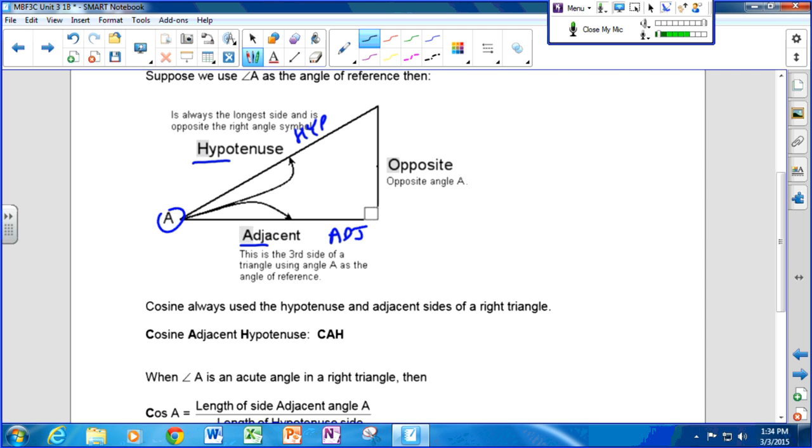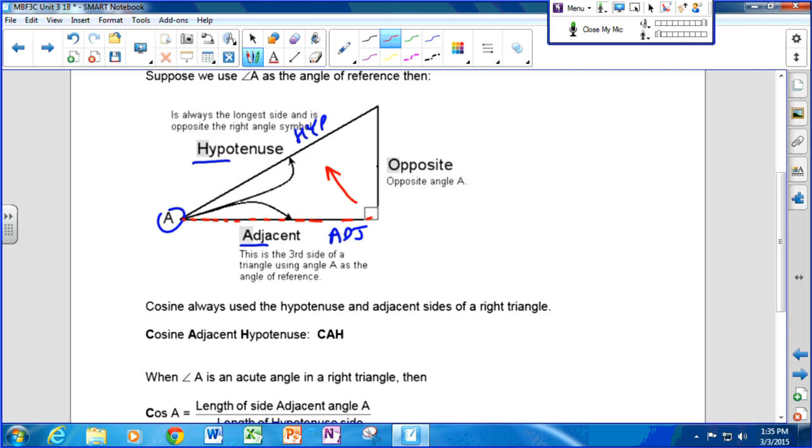So instead of the opposite, remember again that the adjacent and opposite will switch around depending on what angle you're looking at. It's easy to tell the adjacent because it's not the hypotenuse. The hypotenuse is always the same, but the adjacent side is the side that touches the angle you're looking at that's not the hypotenuse. So for the cosine ratio, the angle is in between the two sides you're using, the hypotenuse and the adjacent.